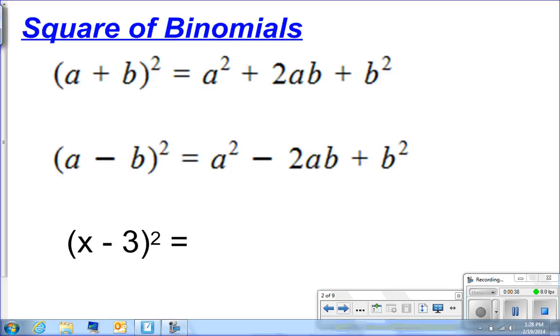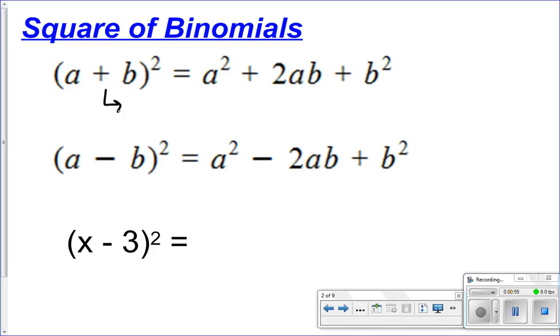So, squares of binomials. If we have a plus b squared, it equals a squared plus 2ab plus b squared, and a minus b squared equals a squared minus 2ab plus b squared. If this doesn't make sense, you could always rewrite this as a plus b times a plus b and work it out using FOIL.